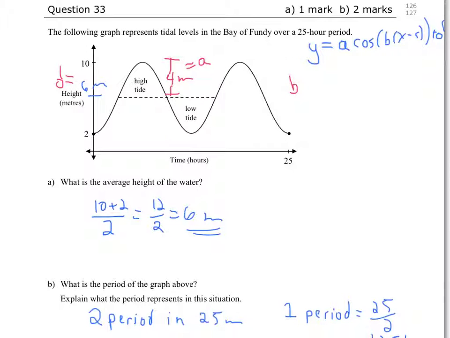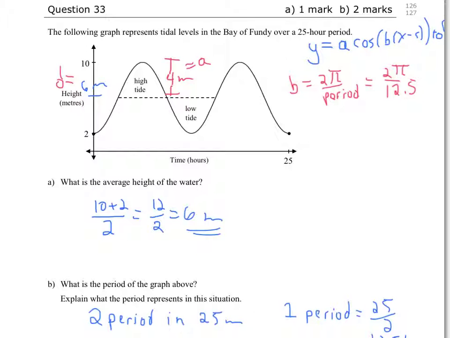So the value of b is 2 pi over 12.5. So so far we have 3 of these constants: A is 4, B is 2 pi over 12.5, D is 6.